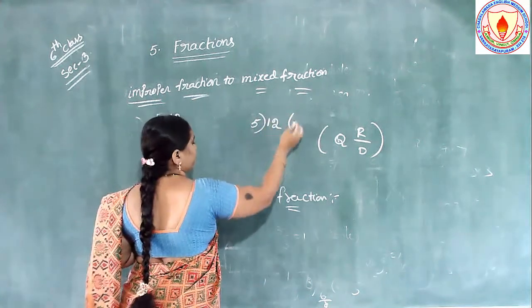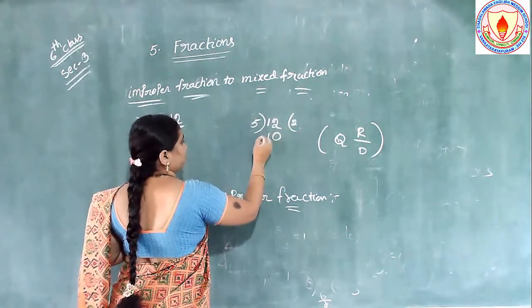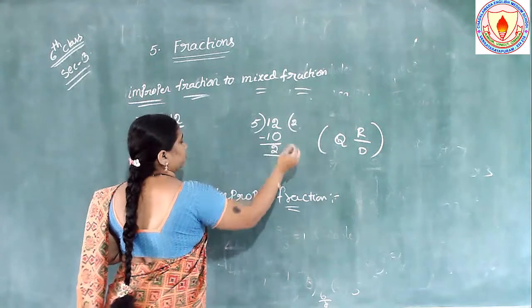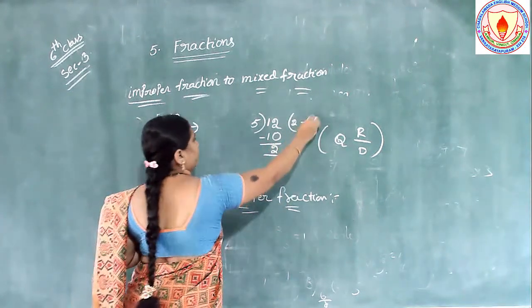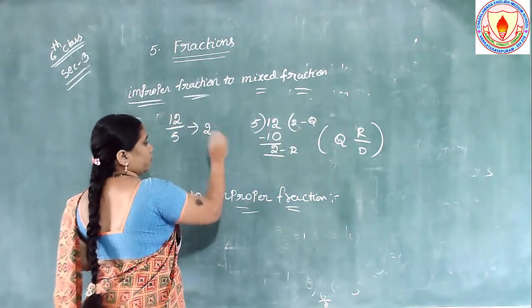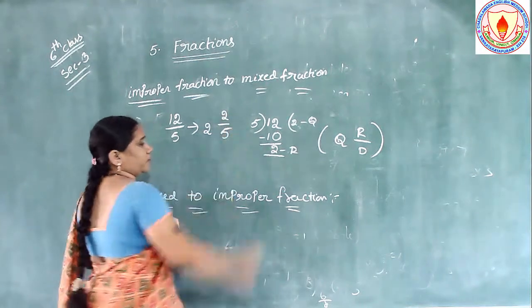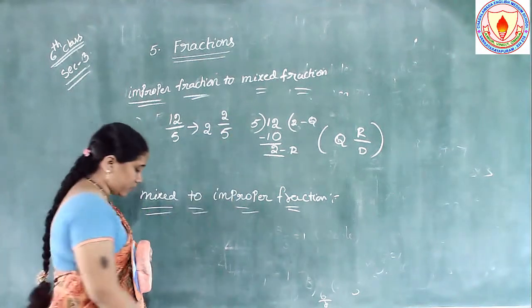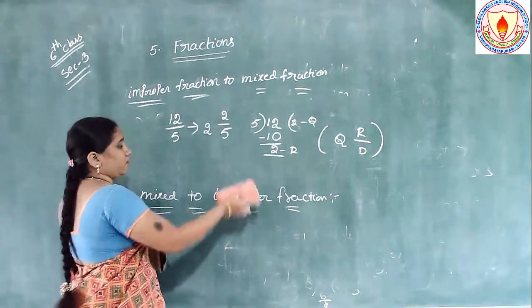How many times? 2 times 10, 3 times more అయిపోతుంది కదమ్మా. ఇప్పుడు దీన్ని ఎలా మార్చాలి? First, what you get as the quotient here, you write Q and R. Quotient రాయమన్నా కదండి 2, remainder and divisor fraction 2 2 by 5. This is the mixed fraction. We have to convert the improper fraction into a mixed fraction.